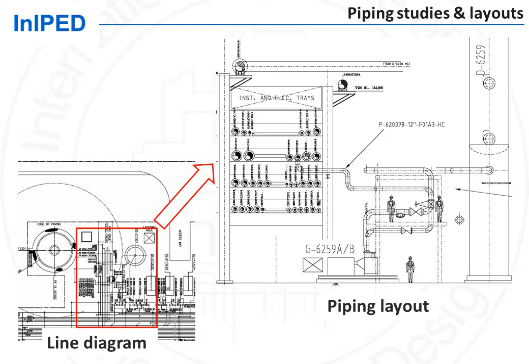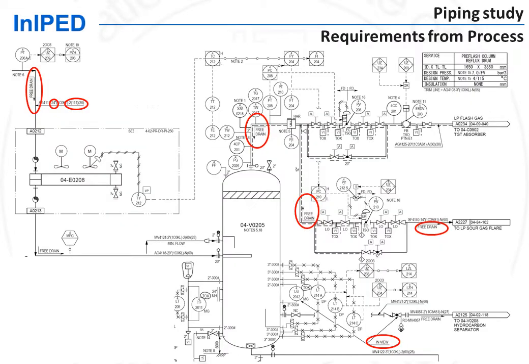Let's review which are the requirements that are taken into account while doing these piping studies. First of all, the process requirements. These are shown on the PNIDs. They include requirements for the proper flow of fluids inside the lines, such as sloping, requirement for one line to be sloped, or to have no pocket to prevent accumulation of liquids in the low points of gas lines, for instance, as well as some indications for minimum distance, and so on.